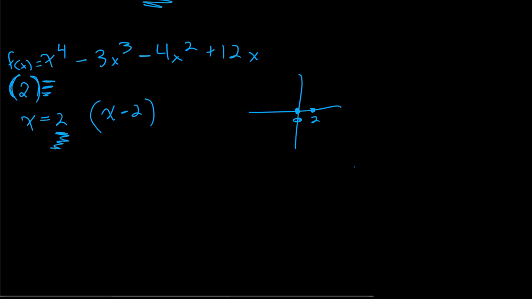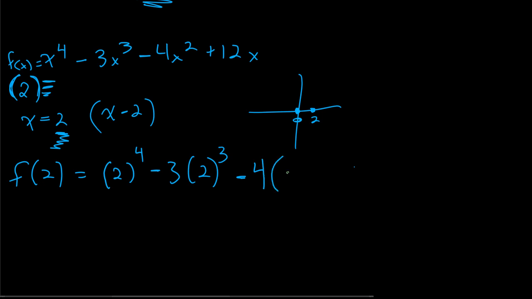So if I think 2 is a root, well then if I put 2 into the function, so 2 to the 4th minus 3 times 2 cubed minus 4 times 2 squared plus 12 times 2.